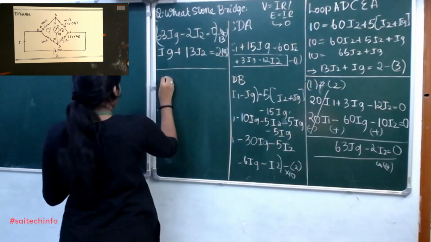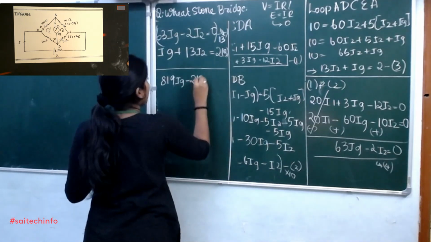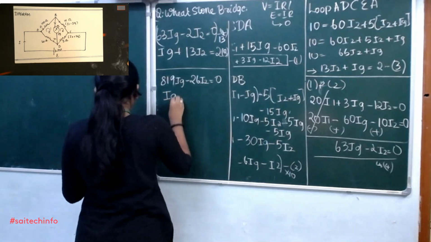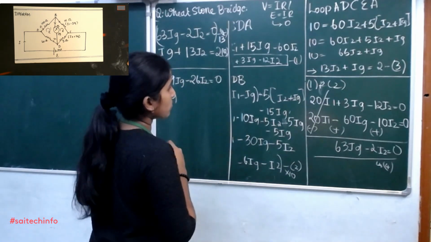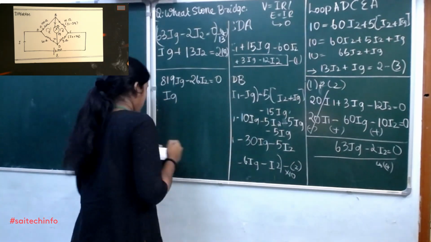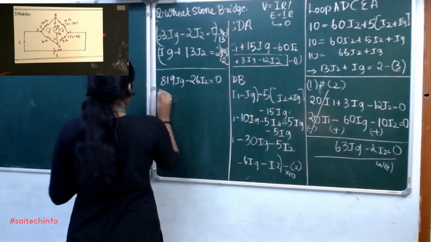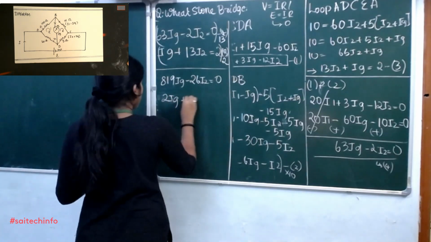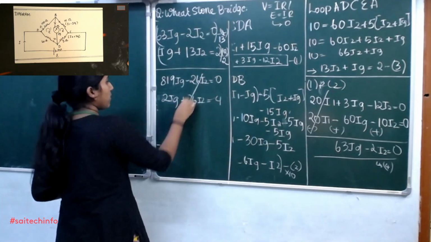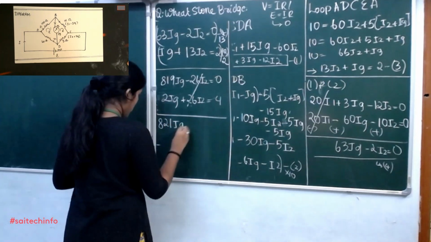So we will be getting 819 IG minus 26 I2 is equal to 0, and here IG plus 13 I2, this also we have to multiply by 2. So we will be getting 2 IG plus 26 I2 is equal to 4. Here plus and minus are there, so we are directly cancelling. So we will be getting 821 IG is equal to 4.